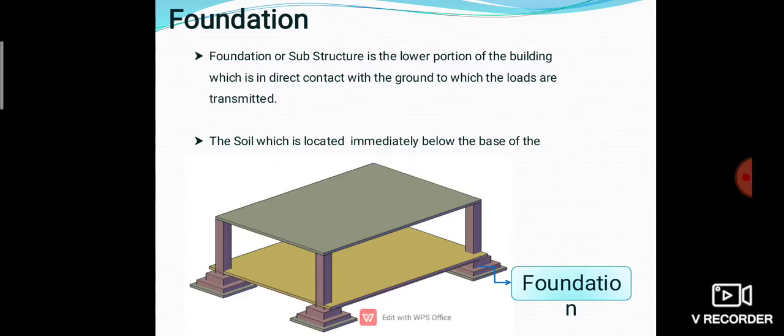Then floor. The floor is a plain surface made up of tiles or special stones like granite or marble. Then walls. These are the members which form the outer limits of the building and separate the rooms from each other. In a load bearing building, they act as structural members, but in a frame type, they act only as partitions.